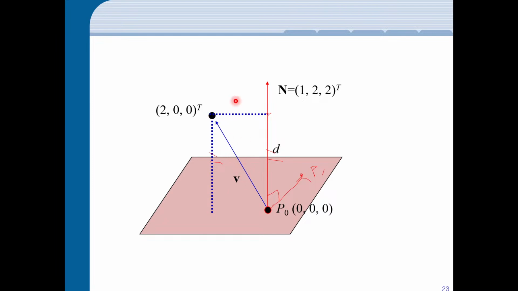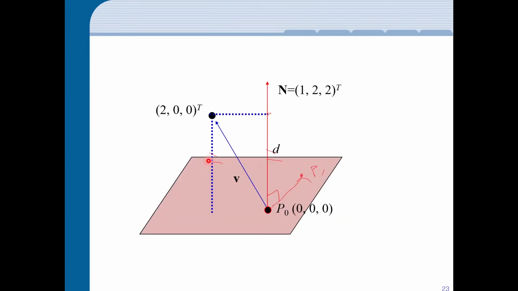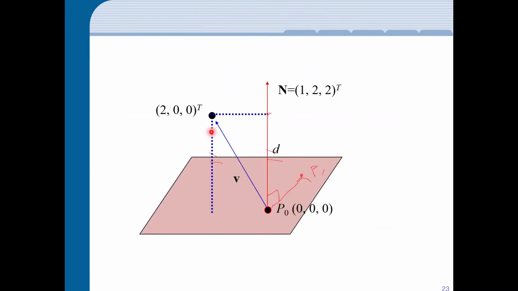You can try to verify yourself why that's true. If you pick a different p0, you get a slightly shorter v, but that v projected onto n should give you the same scalar projection. So that's all we have in R2 and R3.